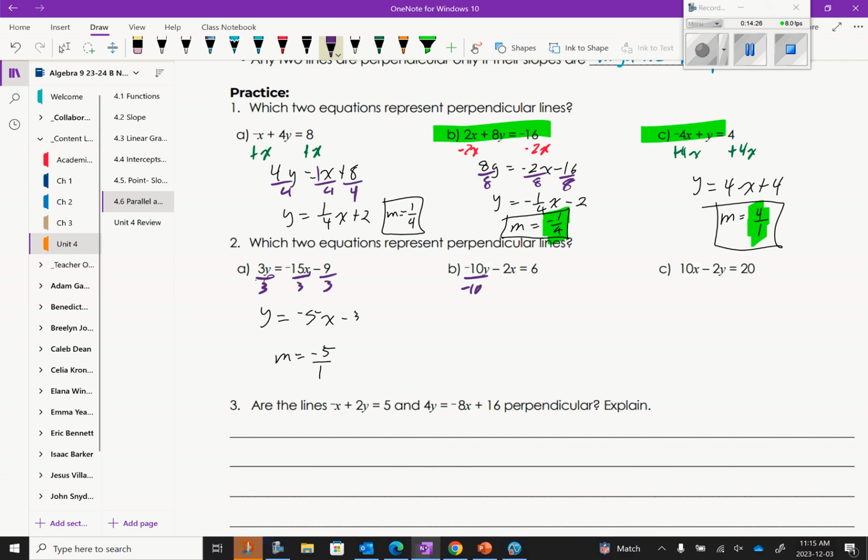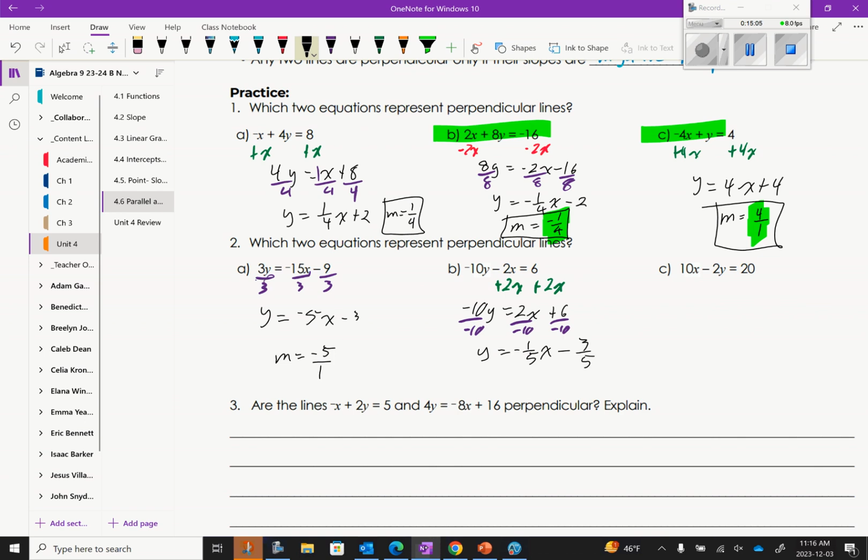Divide, careful. Wait, hold on. We need to move things first. Let's add 2x. Then we'll divide. y is equal to 2/-10, which will be -1/5 x, minus 6 over 10, which will reduce down to 3 over 5.